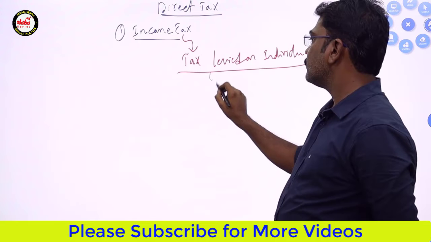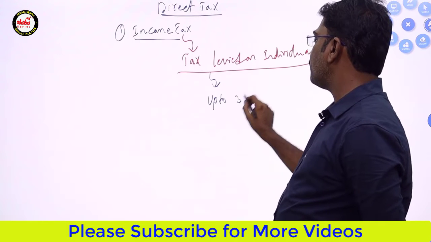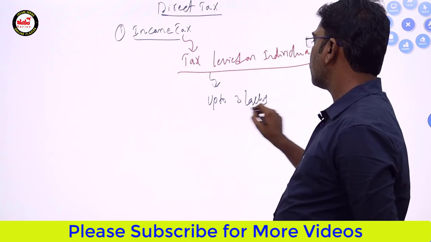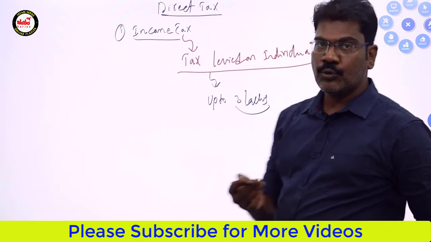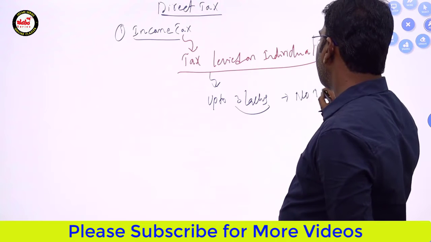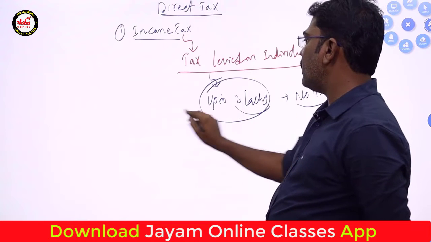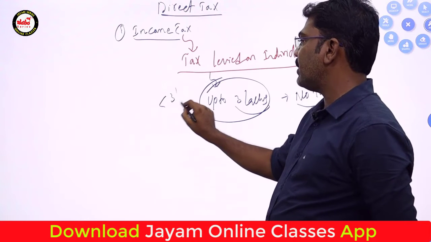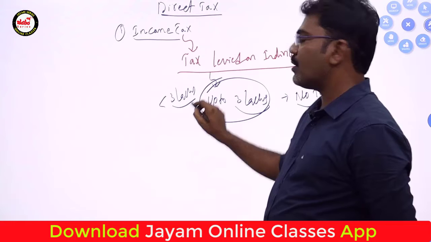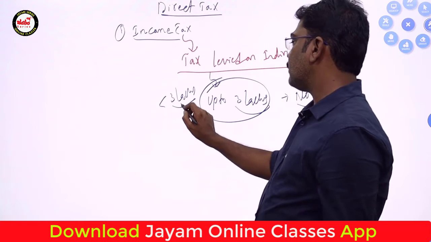In India, up to 3 lakh rupees, there is no tax for any individual. This is called exempted. People whose income is less than 3 lakh rupees are exempted from income tax. They need not pay any kind of tax to the government.